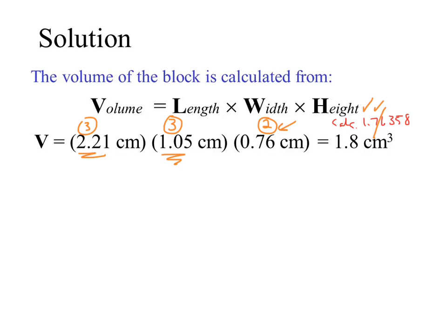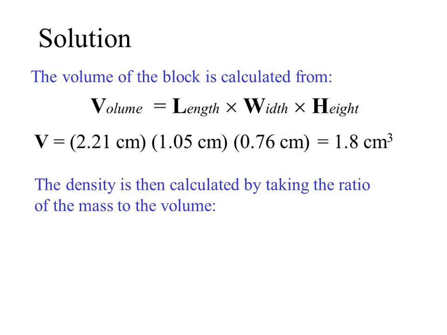So now what are we going to do to finish off density? It's rounded to 1.8, and since you have 3 centimeters, it's going to be centimeters cubed. Right, centimeters cubed. And density is a ratio of what to what? Grams to volume, exactly.